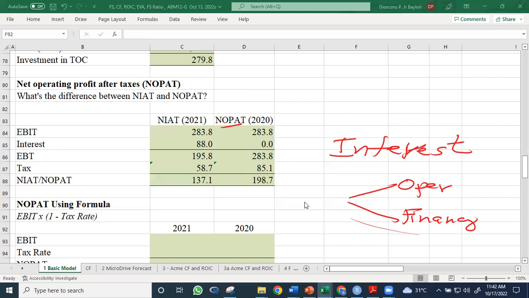Hindi pa tayo nangalahati. The rest, guys? Sige lang, take your time, guys, if you're analyzing what you're doing.